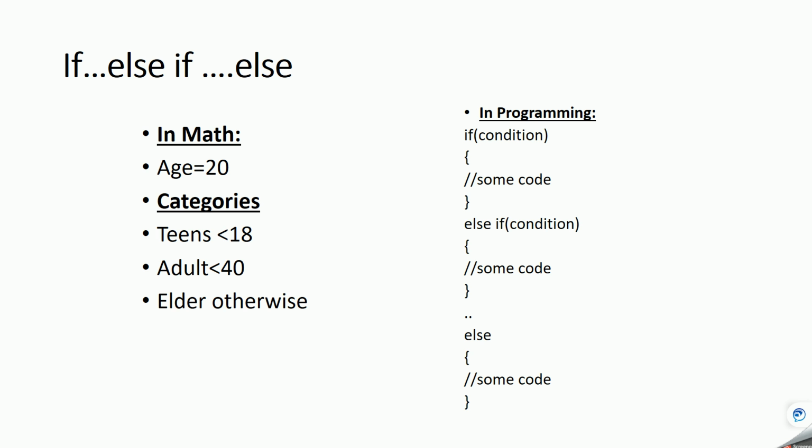For this purpose we will use the concept of else if. It looks like: if some condition, then some code inside, if this condition is true; else if condition, and then some code. You can write as many else if conditions as you want in place of this dot dot dot, in between this if condition and this else. So let's see a programming example.